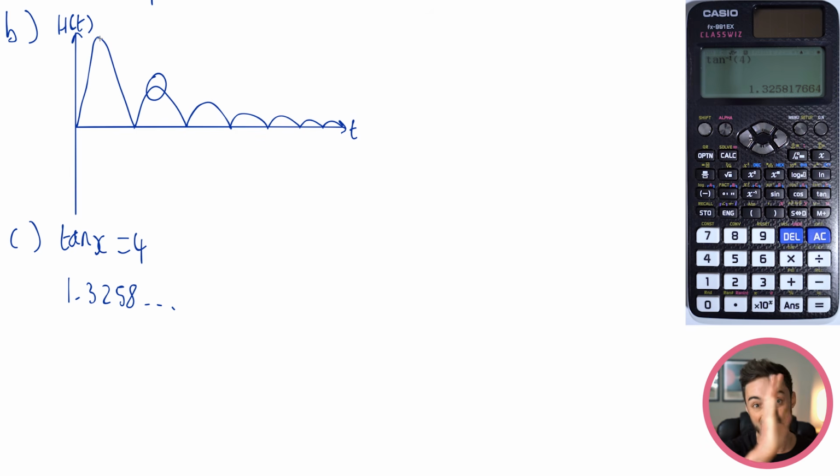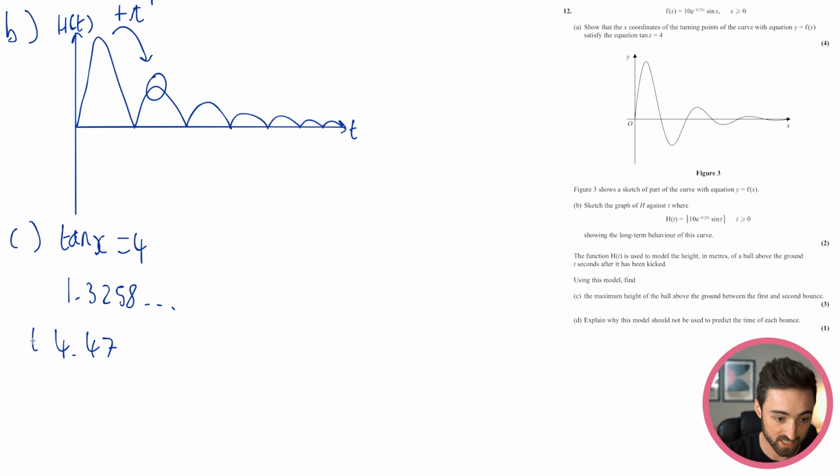However, if you think of that tan graph, you have loads of solutions and you jump by 180 degrees or pi radians for each solution. You've got the first solution, which is this, but I want the second one, and that is going to be pi later on. So the one that I actually want, I'm going to add pi to this, and that's going to get me, to a couple of decimal places, 4.47, and that's going to be a t value here.